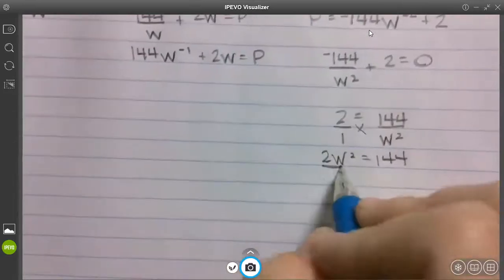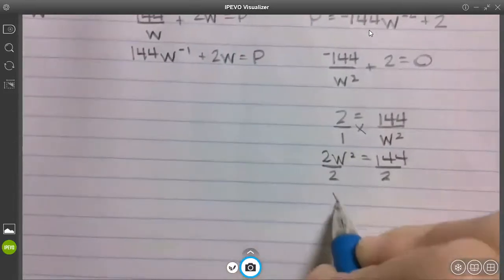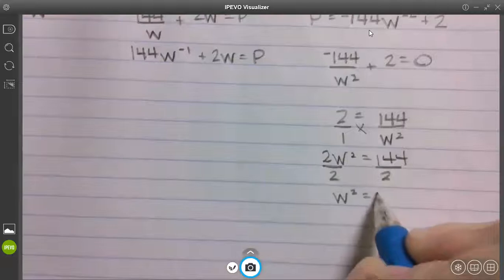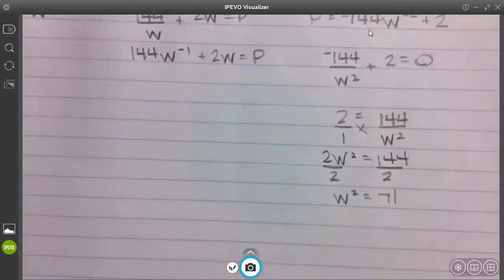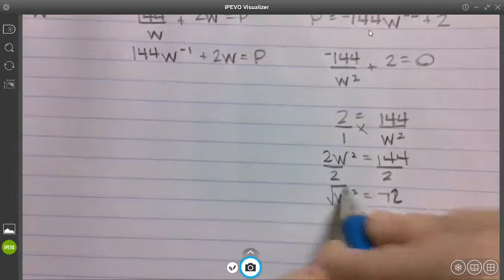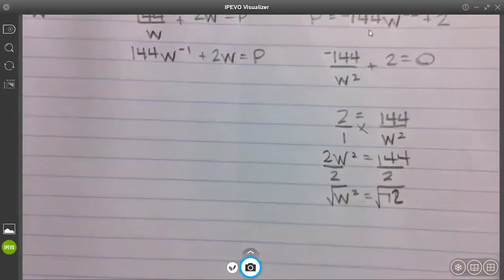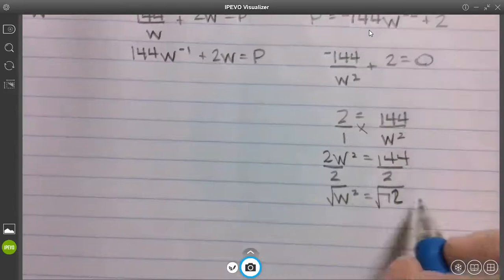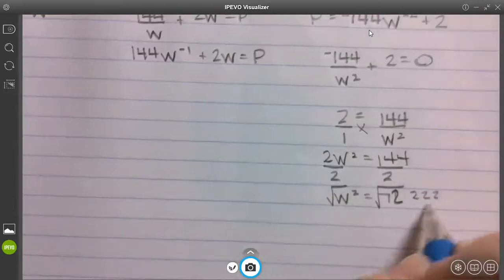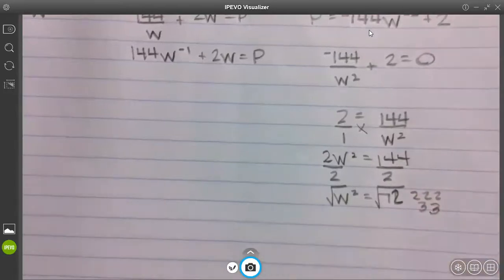Finish it out, divide by 2. We get W squared equals 72. And then we're going to take the square root. 72 is 8 times 9. So 2 times 2 times 2 is 8, and 3 times 3 is 9.